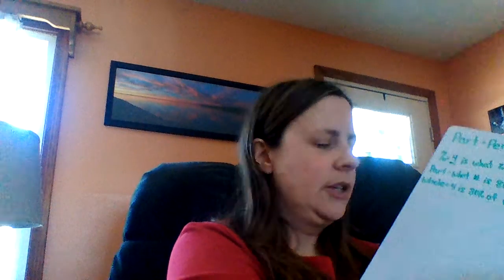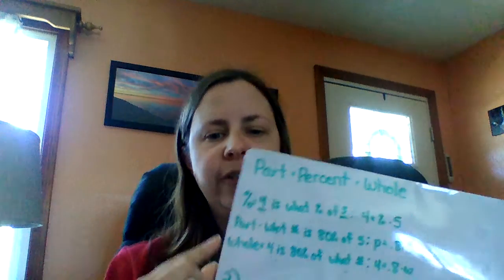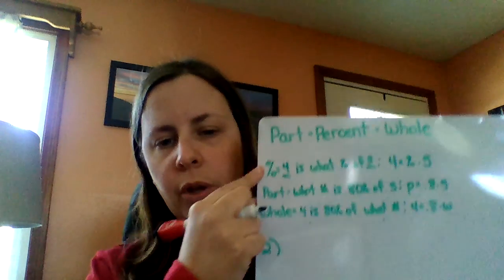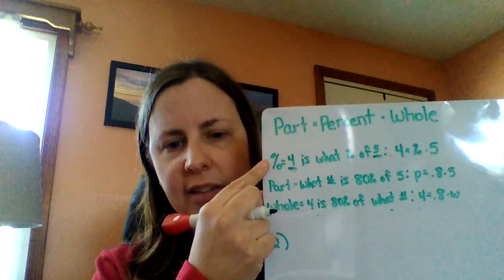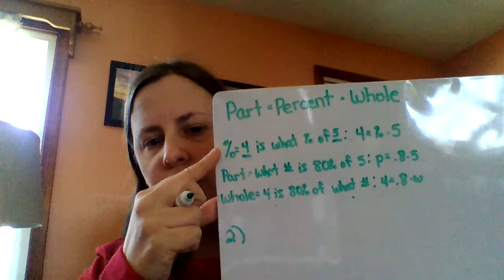Okay, next one, number 2. What equation would be used to solve the following percent problem? 19 is what percent of 62? I'm trying to find the percent, so I'm going to use the first one.